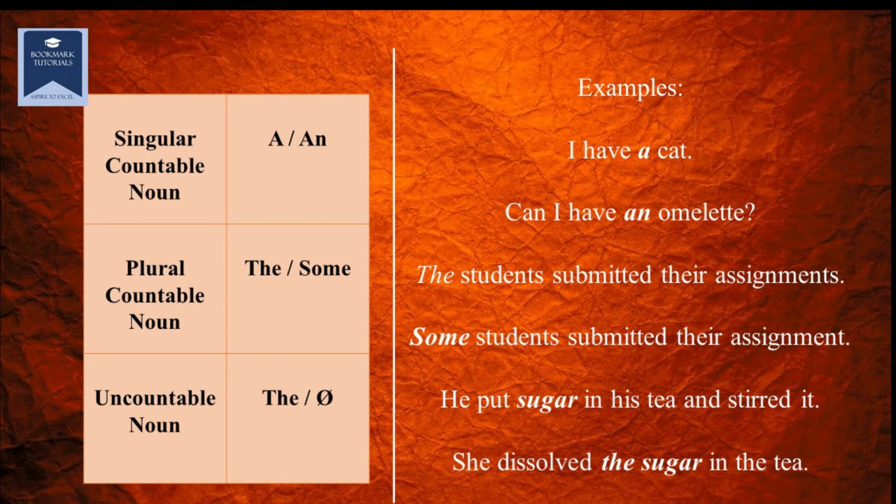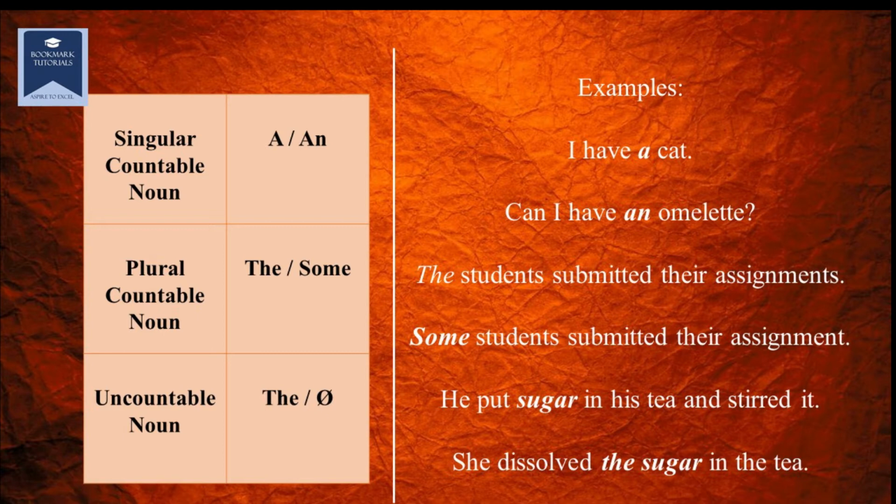I have given a chart here. Let's see some examples. I have a cat. Here we have a singular countable noun which is a cat.